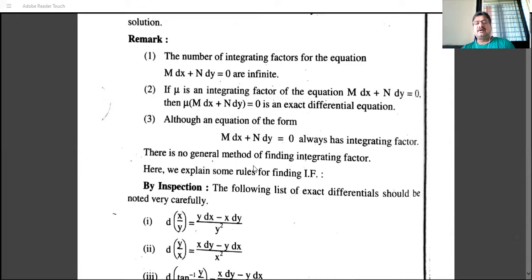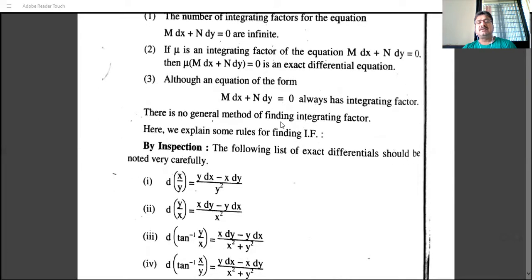As the differential equation varies, the method of finding the integrating factor also varies. That is, it depends on the type of M dx plus N dy is equal to 0.